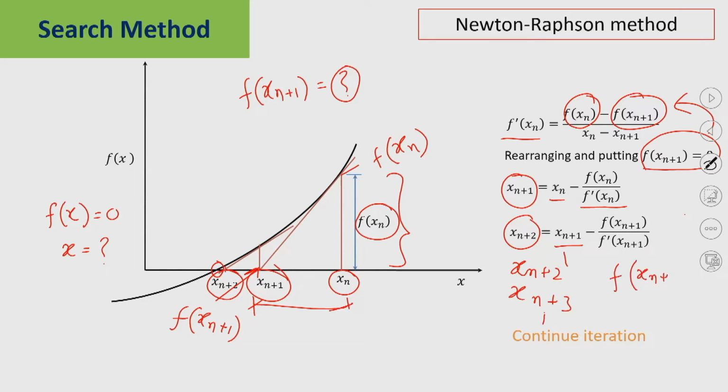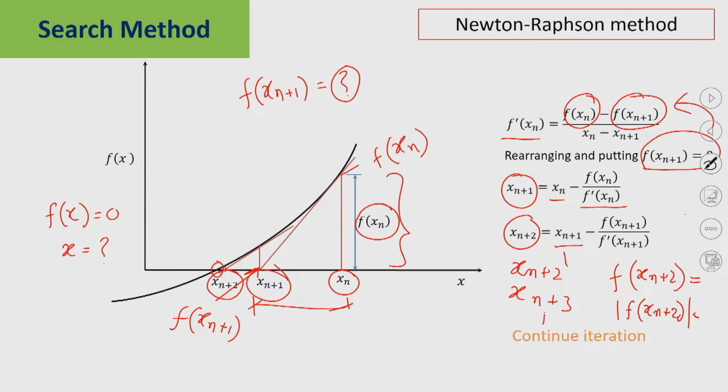At every step I check whether the function value is 0 or not. It should be equal to 0, but it will never be exactly 0 here. So I take the absolute value of the function at x n plus 2 or whichever, and it should be less than or equal to some epsilon value.